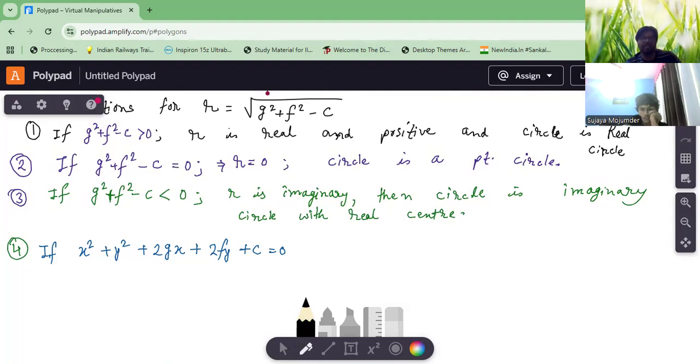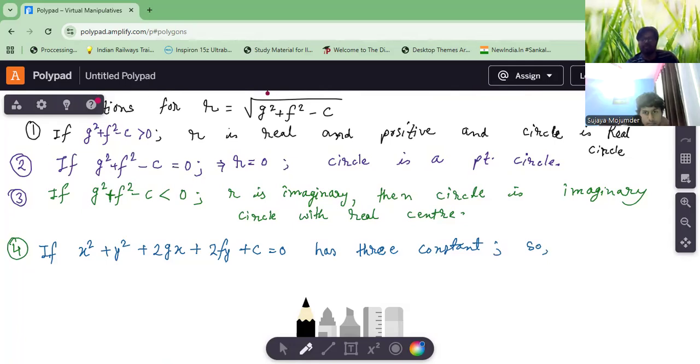It has three constants, isn't it? Yes, sir. So if I have three equations, I would be able to frame these three equations and solve for f, g, and c. Yes or no? So it has three constants.